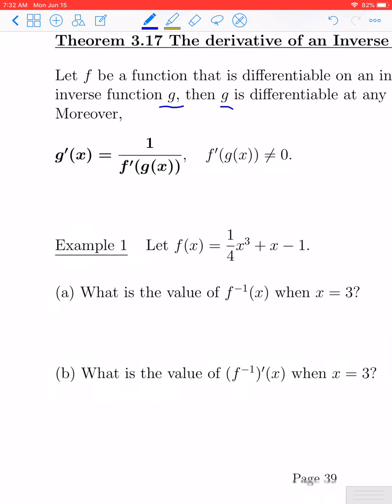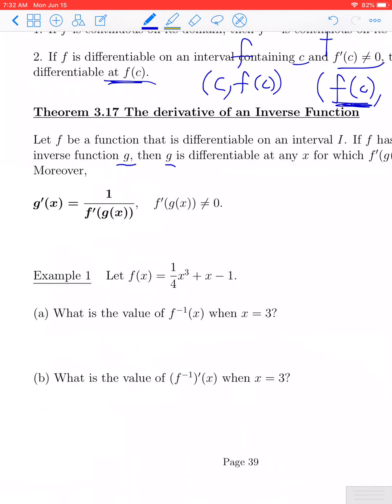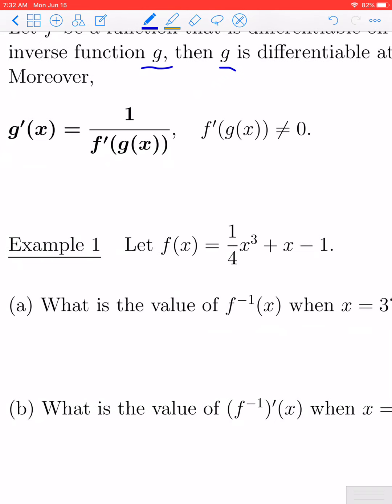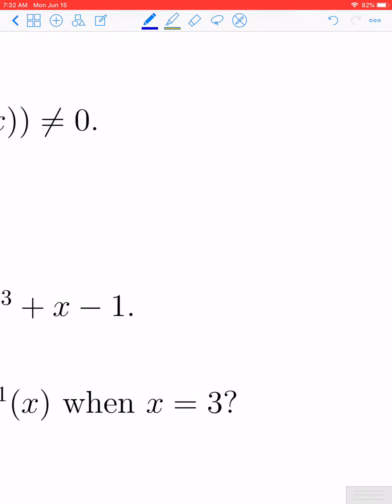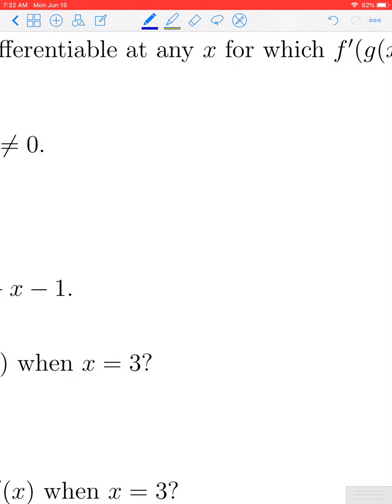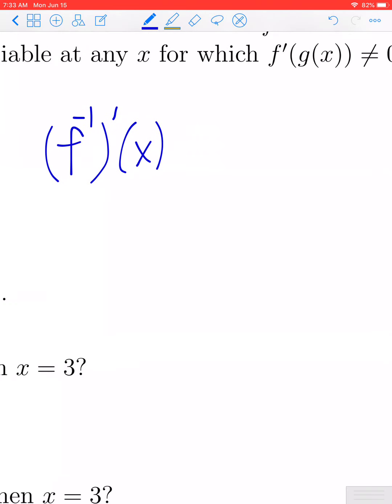In my opinion, I'm not really pleased with how they write it like this. It's perfectly fine, but it hides a little bit in the notation, because otherwise it might look complicated to some. I think it's much better to write it with the inverse notation. After all, what we're trying to do here is take the derivative of the inverse, so we're looking for f inverse prime of x.